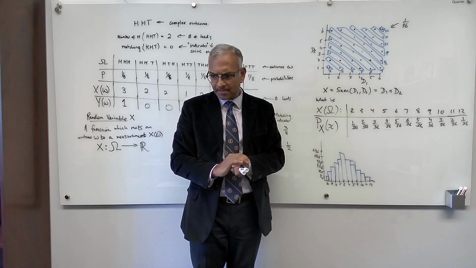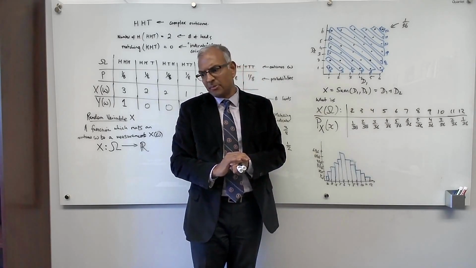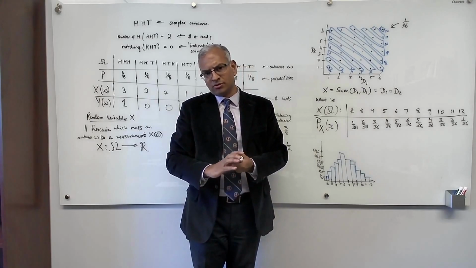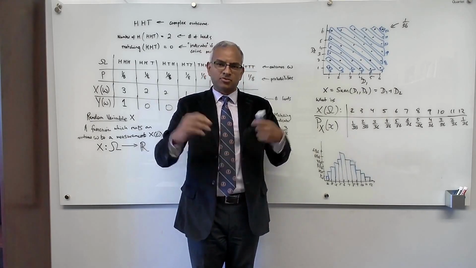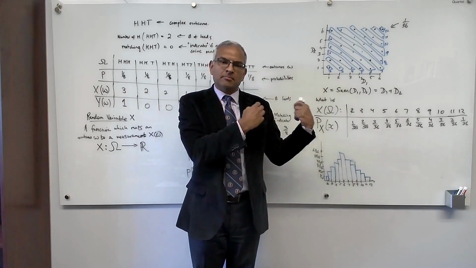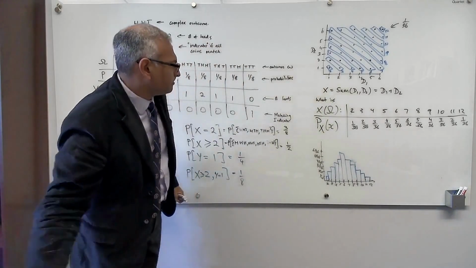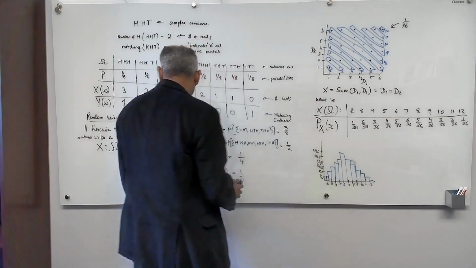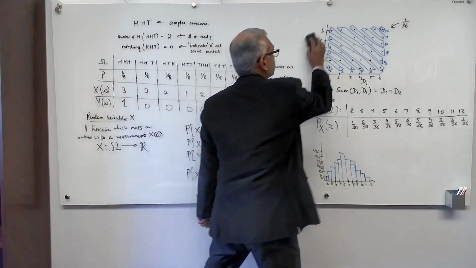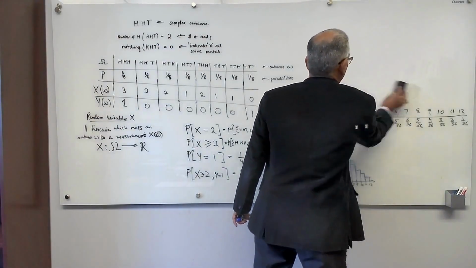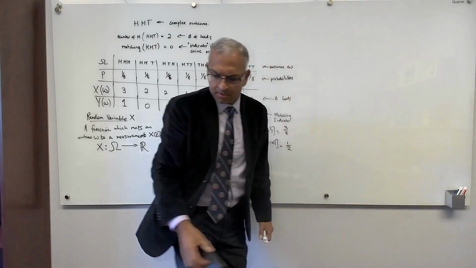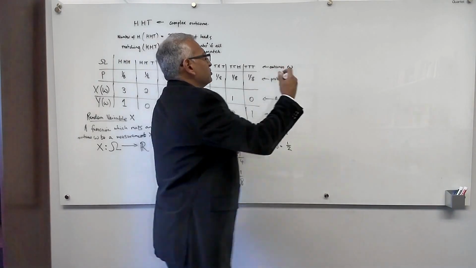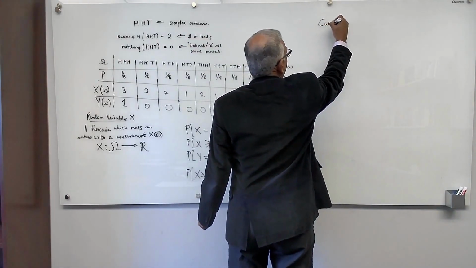Now, I just want to mention a couple of things, and then we'll go on to these very popular, very important, very common random variables: experiments and their associated measurements that we are interested in. So, the cumulative distribution function.